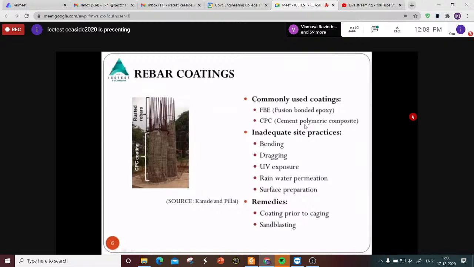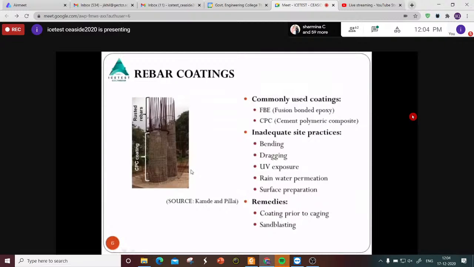Both are organic polymer coatings, and all these coatings can trigger corrosion if inadequately applied on site. On site, if the coated rebars are dented or dragged, if they are exposed to terrestrial sunlight, or exposed to rainwater for a long time, or if the coatings are applied on rusted steel surfaces, it can trigger corrosion. And one such example is shown in this figure.